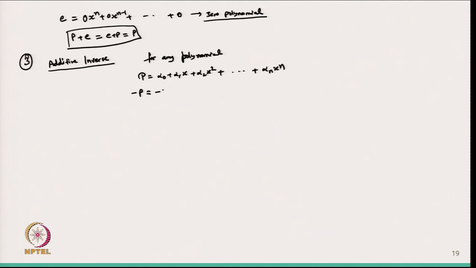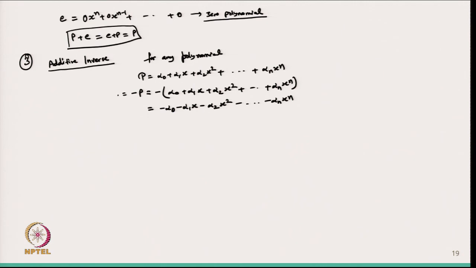So, it will be minus alpha 0 minus alpha 1 x minus alpha 2 x square, and then minus alpha n x n.